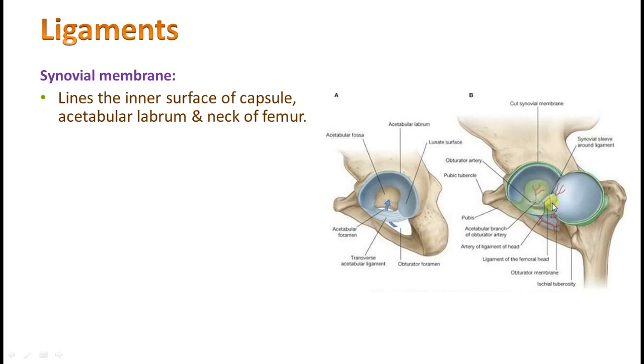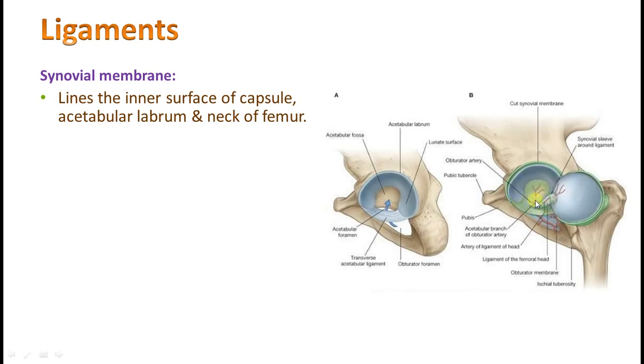Then the synovial membrane also invests this intracapsular structure, the ligament of head of femur, like a flattened cone. If you trace it more medially, the base of the cone expands and diverges to get attached to the capsule.